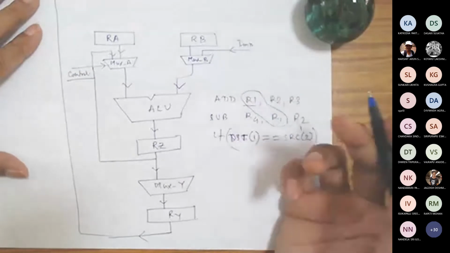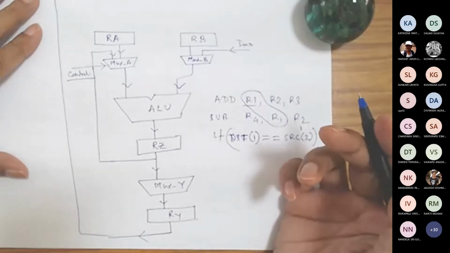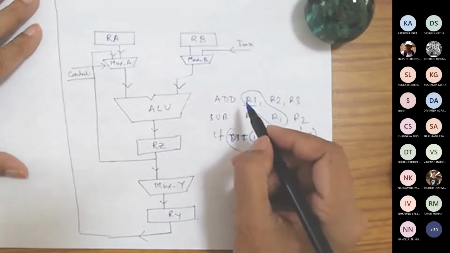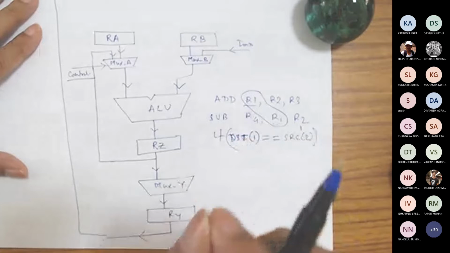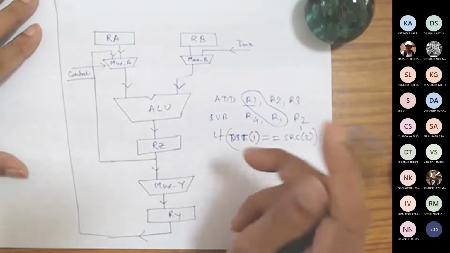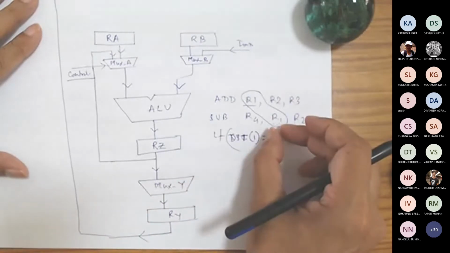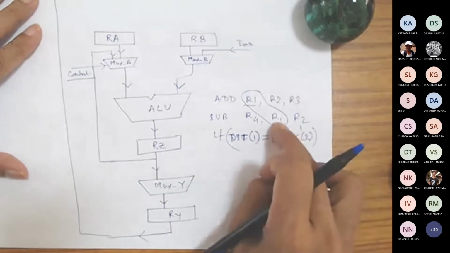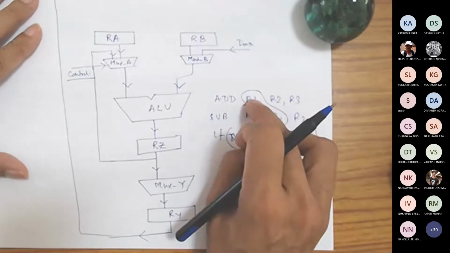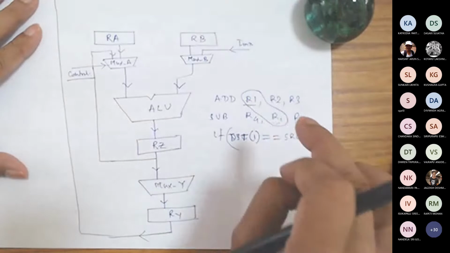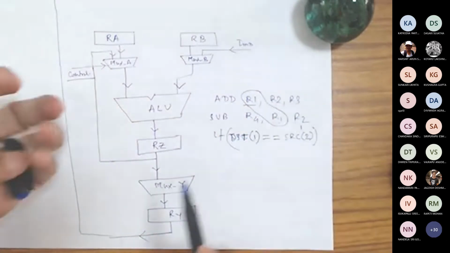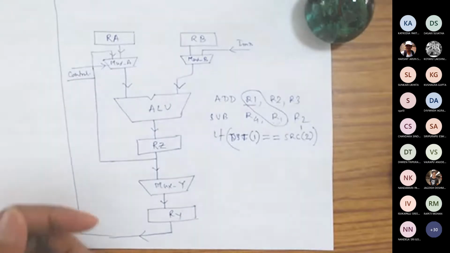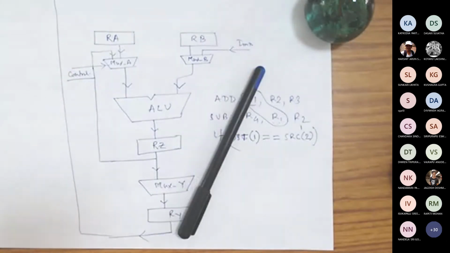Because each and every register has an encoding. These registers are 6-bit encoded registers. Every register is represented in 6 bits. So if those 6 bits are compared, we know whether this is R1 and this is R1. If both are same, we know that this value can be forwarded. So we can easily design hardware to generate this control signal.